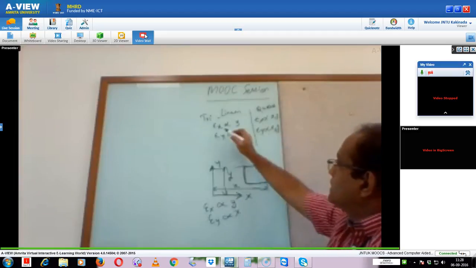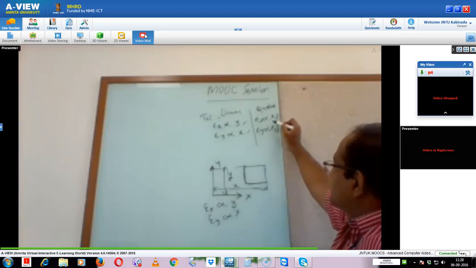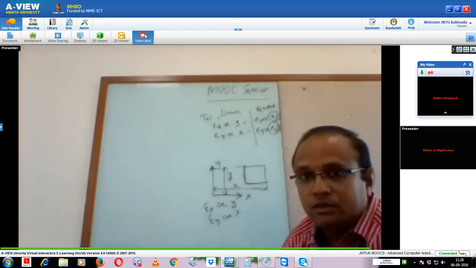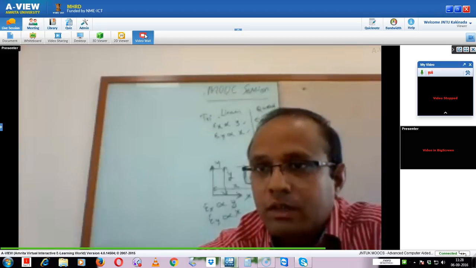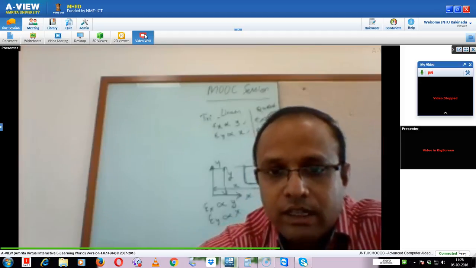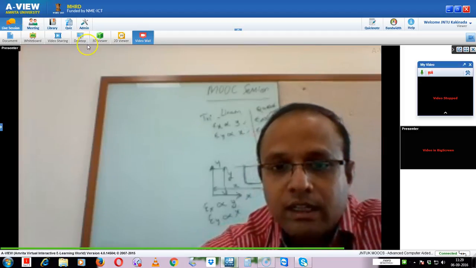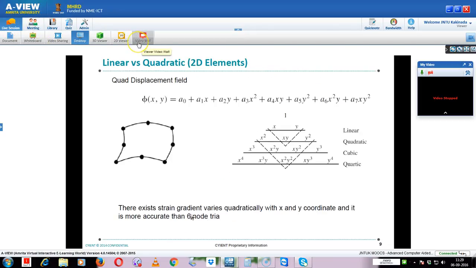In linear, it is dependent on one term for both strains. In quadratic, it is depending upon two terms, x and y, for both the strains. So that makes it a more effective element compared to linear elements. So there exists a strain gradient varying with x and y coordinates, and it is more accurate than the linear tria and quad elements. So this is the tria element with the quadratic formulation.